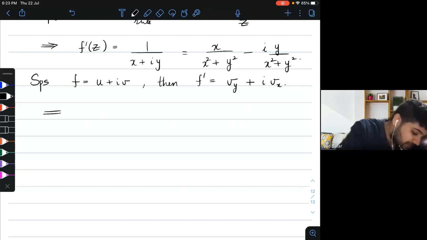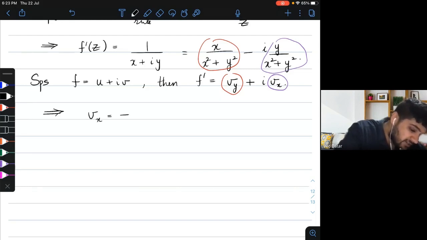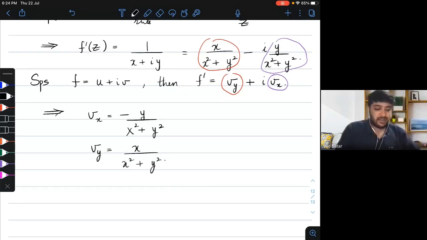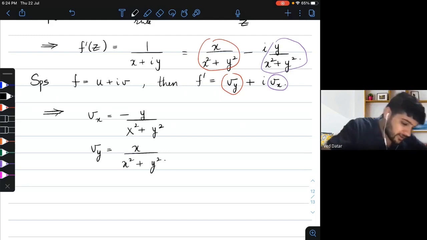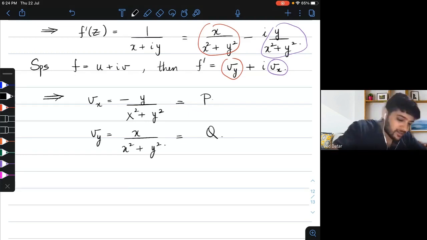Okay, so by comparing the real and imaginary parts, this implies that vx is minus y by x squared plus y squared and vy is x by x squared plus y squared, right? So I'm going to call this P and I'm going to call this Q.